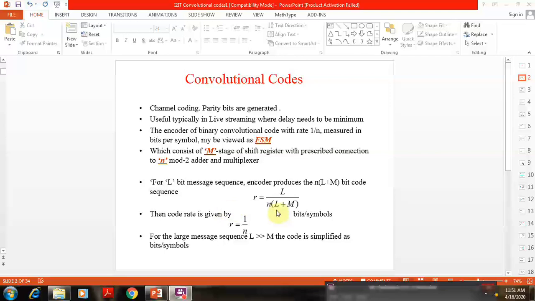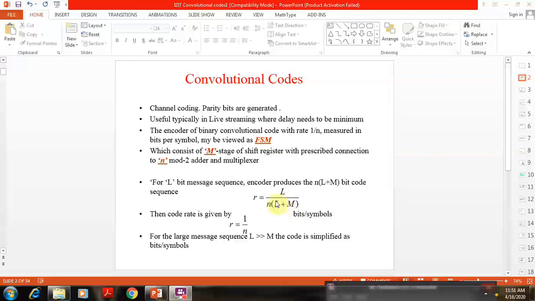Now in practical situations, your capital L will be much greater than m, because we are going to discuss a typical convolutional encoder where m will be 2, and practically also it is proven that 8 stages of shift register or 9 stages of shift register will be more than sufficient for practical applications.